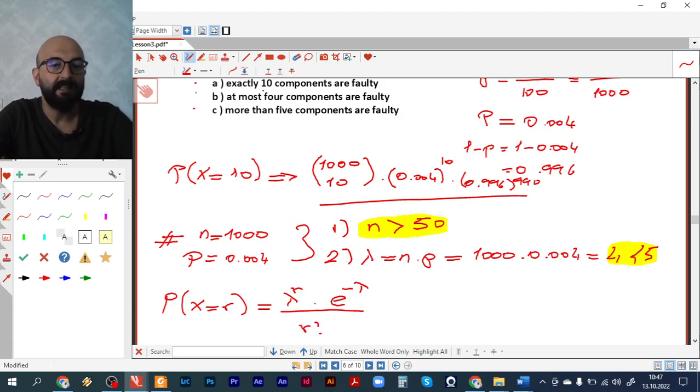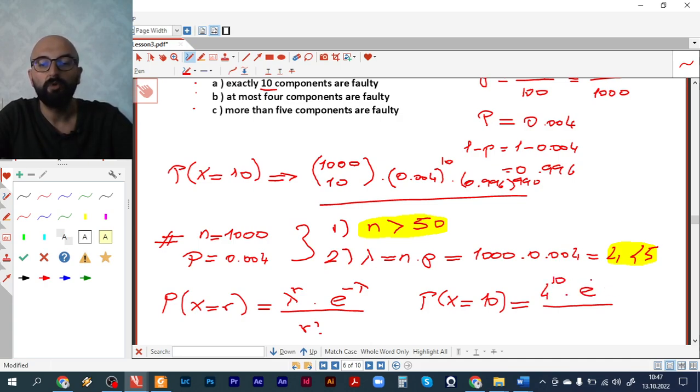The probability of exactly 10 components by using Poisson distribution is lambda to 10 multiply e to minus lambda over 10 factorial.